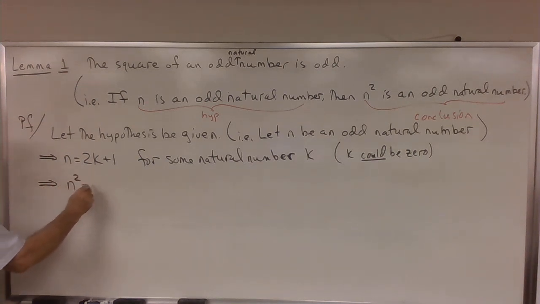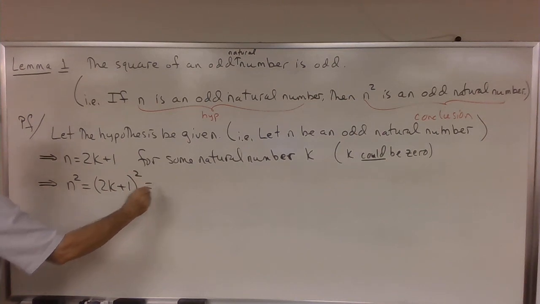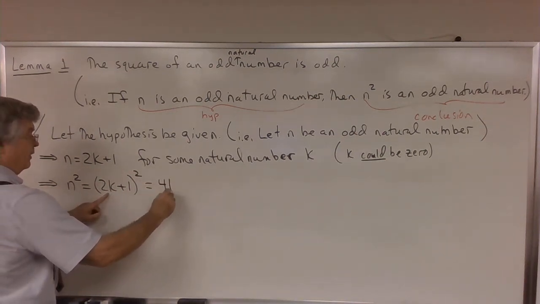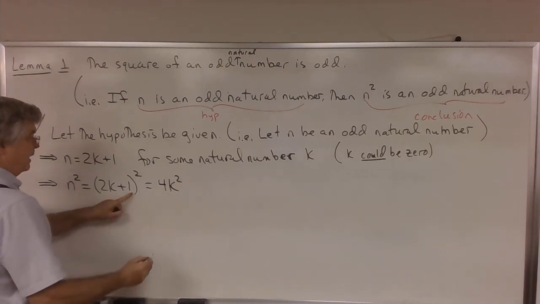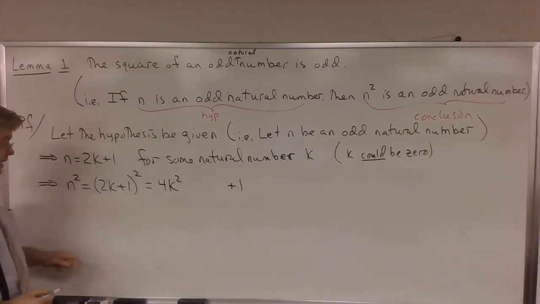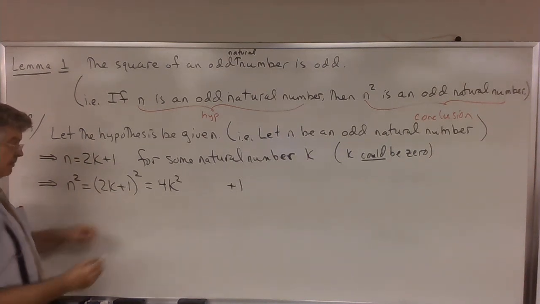So n squared is going to be (2k plus 1) squared. And I'll square the first term, so that's 4k squared. And I'll square the last term, so that's 1 squared. And I'll take the first times the second, 2k, and double it.